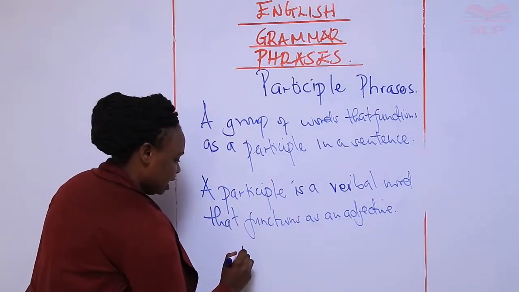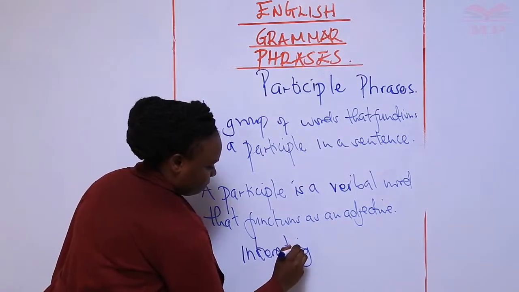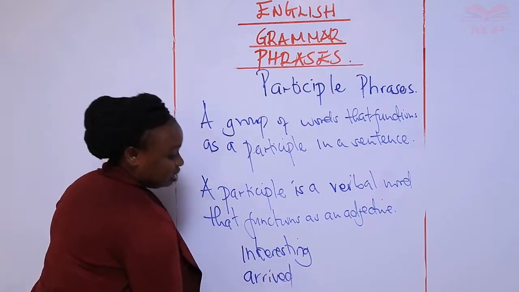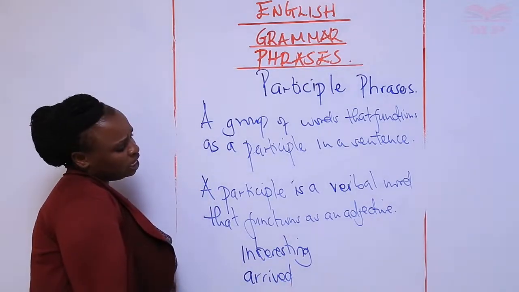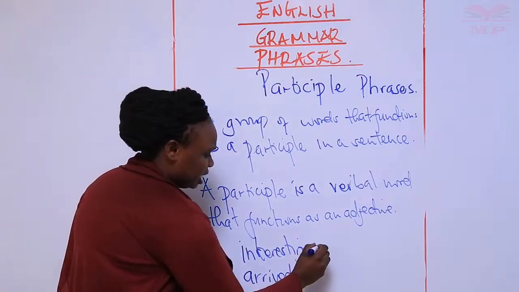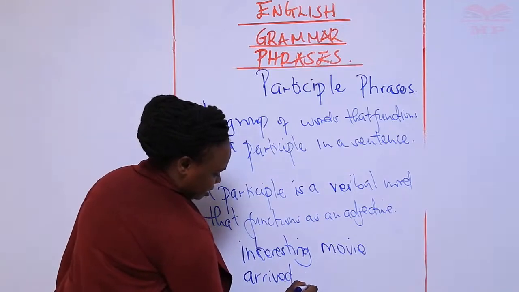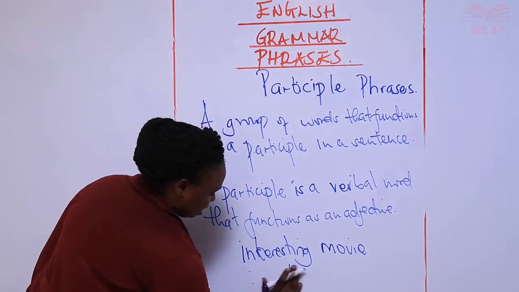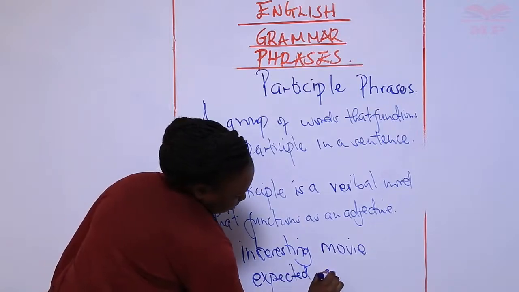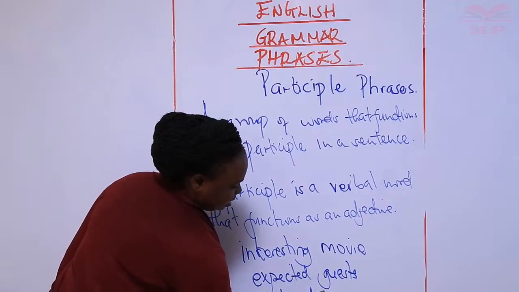For example, interesting. Another word is arrived. These are verbal words. But now we are looking at them as functioning as what? Adjectives. So we can say interesting movie, expected guests, tired visitors.